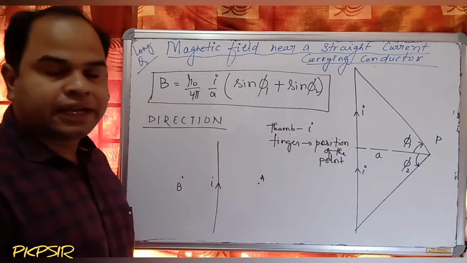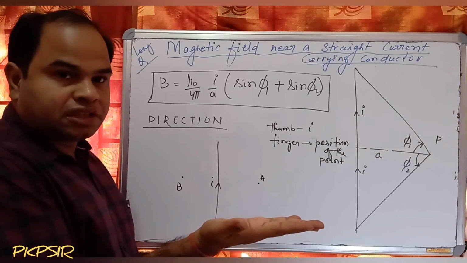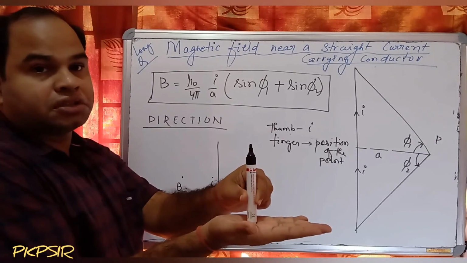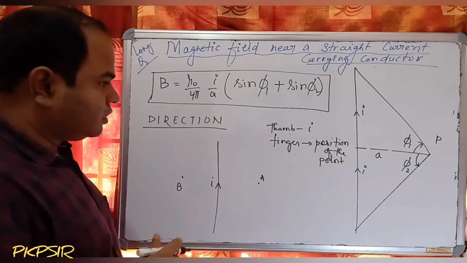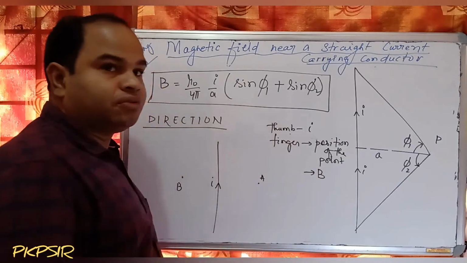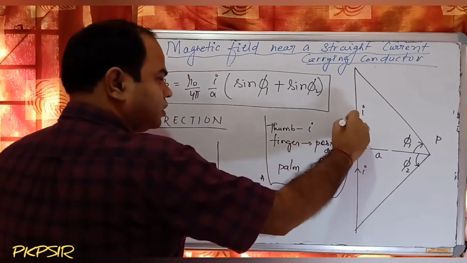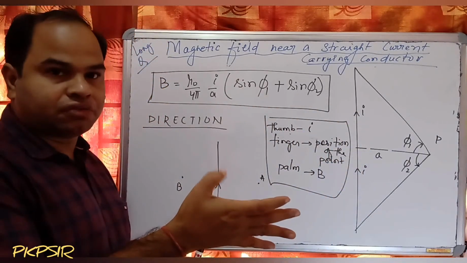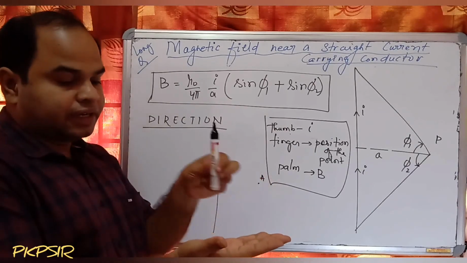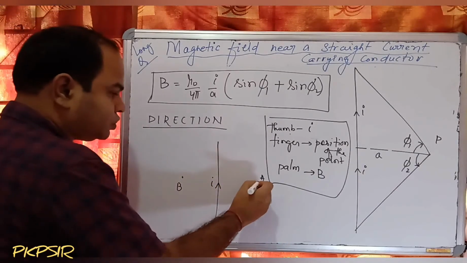And we know that a plane is a vector quantity. So if I say this is a plane, what is the direction of this plane? The direction of the plane is in the upward direction, that is along the direction of the pen. So the magnetic field is represented by the palm. Again, the thumb represents the direction of current, the position is represented by the fingers, and the direction of the palm represents the direction of the magnetic field. Suppose we want the magnetic field at position A. The current is in the upward direction, so keep the thumb upward, and position A is here, so the fingers are placed there. What is the direction of the magnetic field?